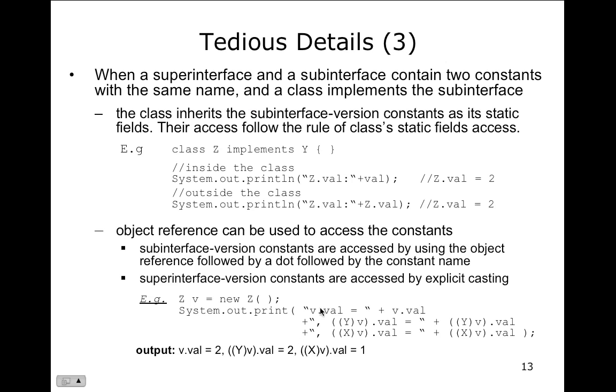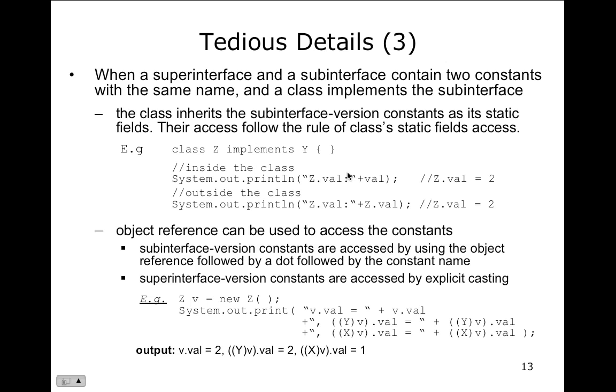So when the super interface and the sub interface contain two constants with the same name, and a class implements the sub interface, the class inherits the sub interface version of the constants, which you'd probably naturally expect. And it's static fields, so it gets everything. Their access follows the rules of the class's static field access.